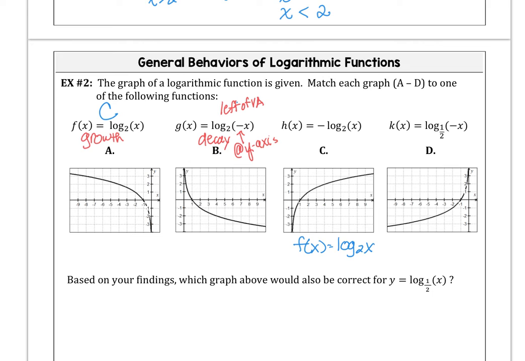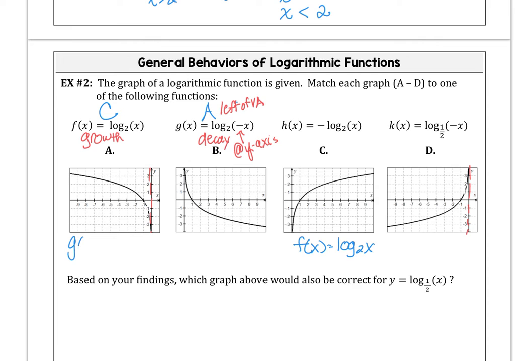So looking at the graphs, the left side of the vertical asymptote is going to be either A or D. Now compare: graph A is a decay graph, but graph D is a growth graph. So g of x goes with graph A. g of x belongs to graph A.